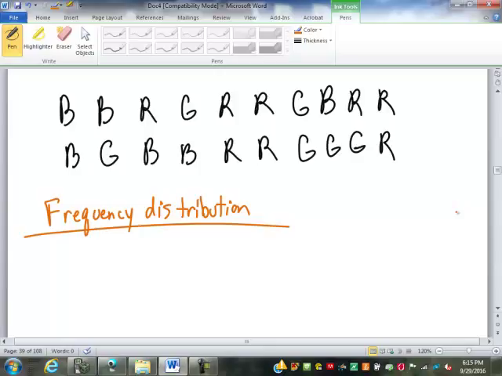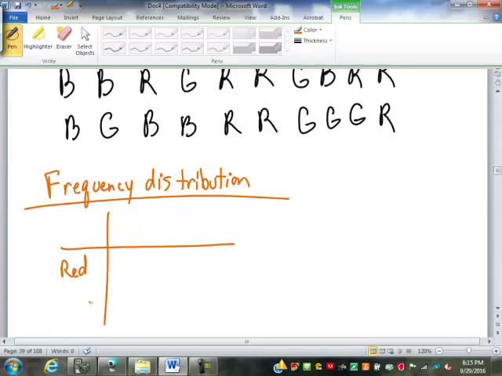In this case, we limited those responses to red, blue, and green. I'm just going to label that color because they're colors. Now, on the other side of the table, we list the frequency. How often did they occur in our sample?